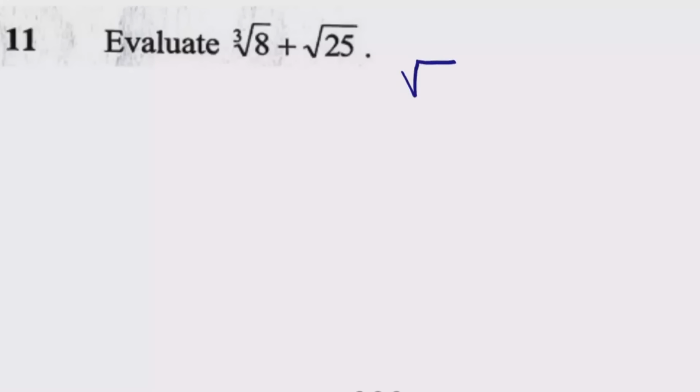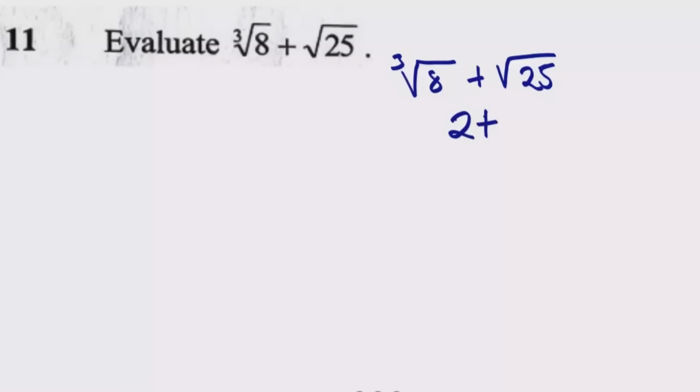What number can we multiply thrice to get 8? It is 2. So we have 2 plus the square root of 25.